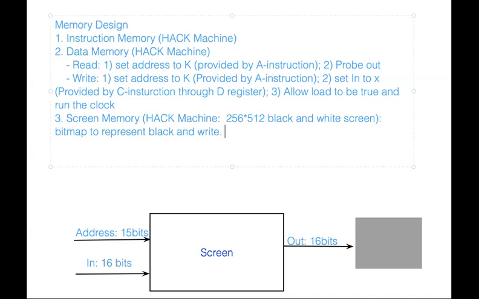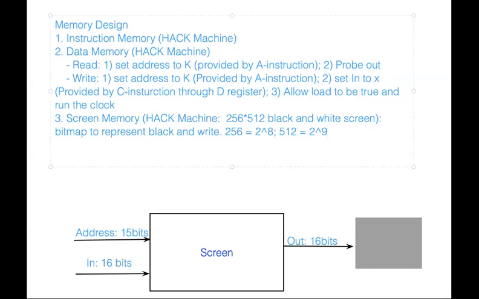1024 is 2 to the power 10. 256 is 2 to the power 8. And 512 equals 2 to the power 9.